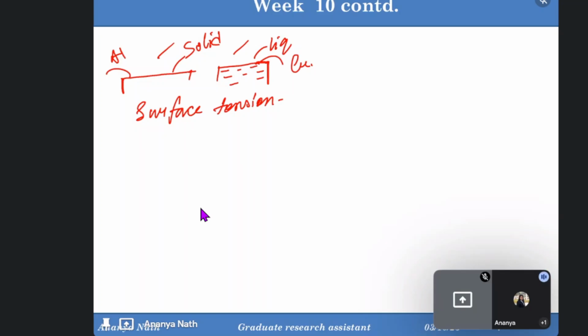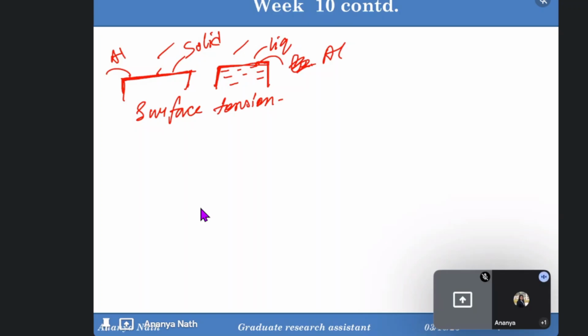We cannot comment on that. But if the solid is also aluminium and the liquid is also aluminium, then we can comment on that. If there is a difference in the surface area, whatever I have drawn, this surface area is more, so the surface tension will be more in this case.